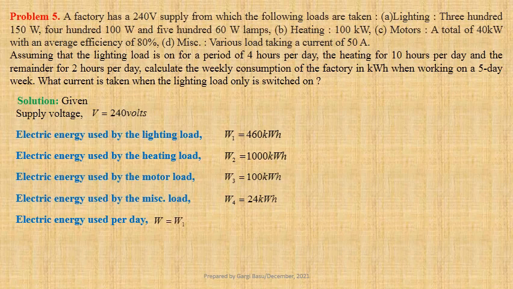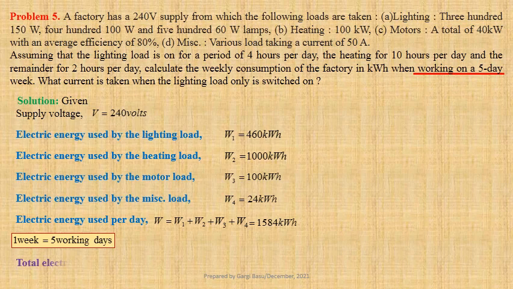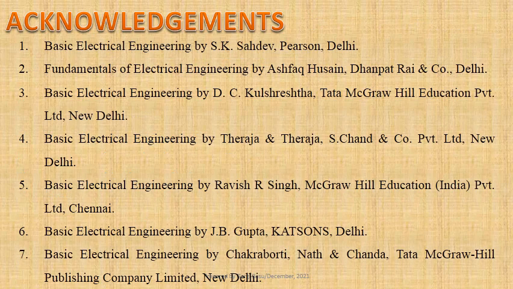W equals W1 plus W2 plus W3 plus W4. Using values we get 1584 kilowatt hours. Since 1 week contains 5 working days, total electric energy used per week equals 1584 into 5, that is equal to 7920 kilowatt hours.